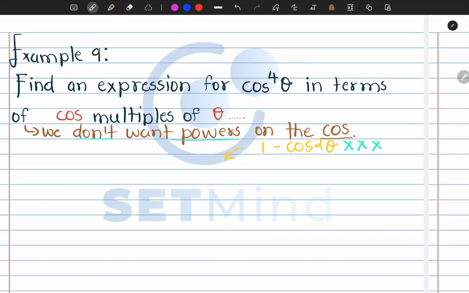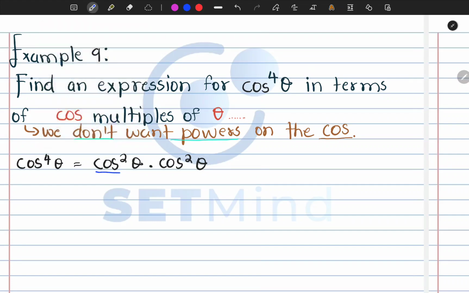The first thing to note is that we don't want powers on the cos. So let's go ahead and deal with this problem.